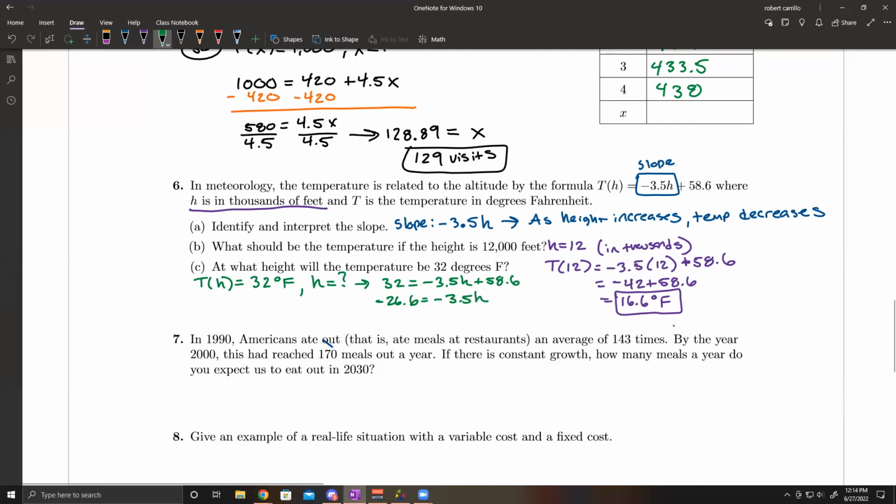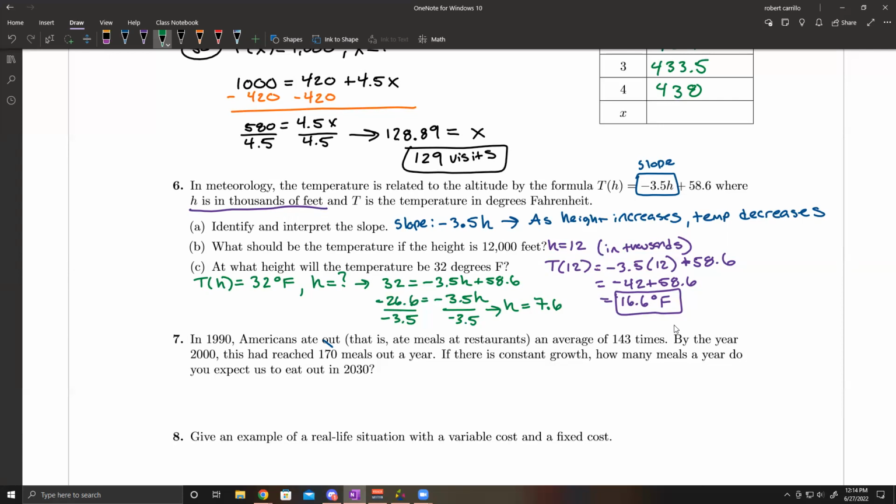And then we divide by negative 3.5. And here, height would be 7.6.